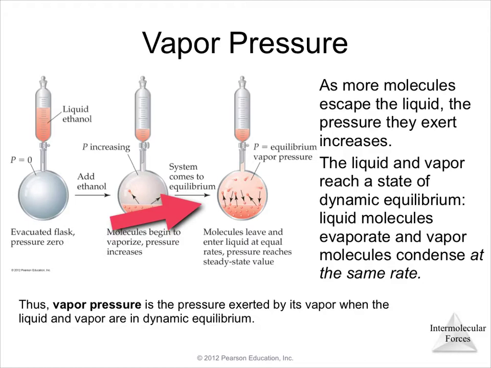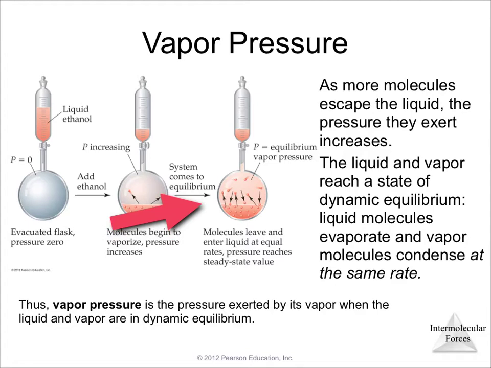So eventually, as the illustration is showing, the rate of the liquid turning into the gas will be equal to the rate of the gas turning back into the liquid. Ultimately, the pressure is going to become constant. When this happens, we call this vapor pressure.